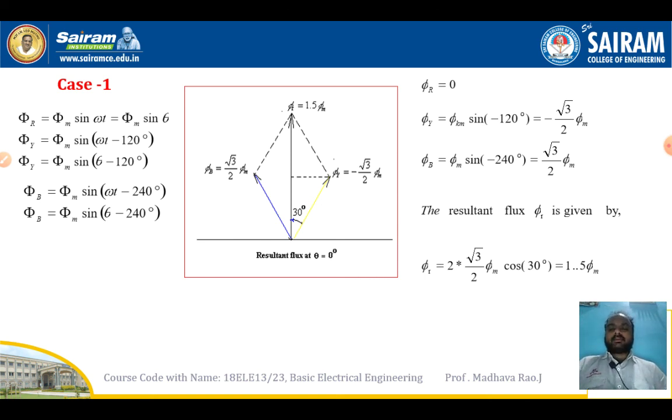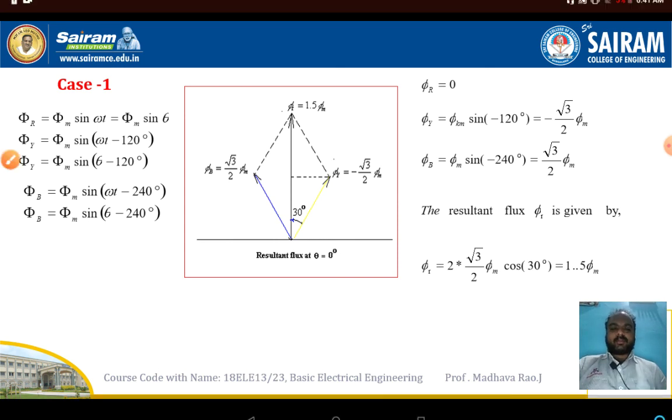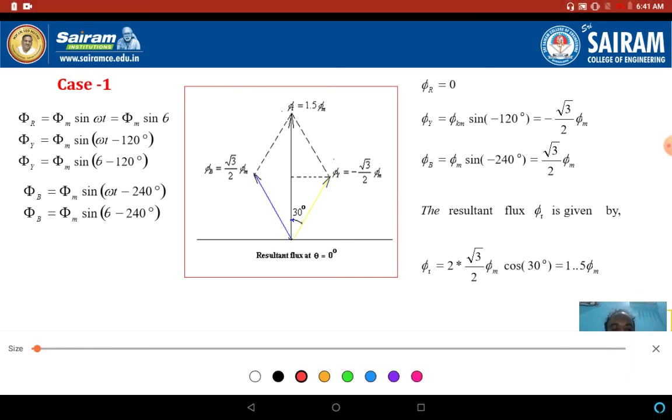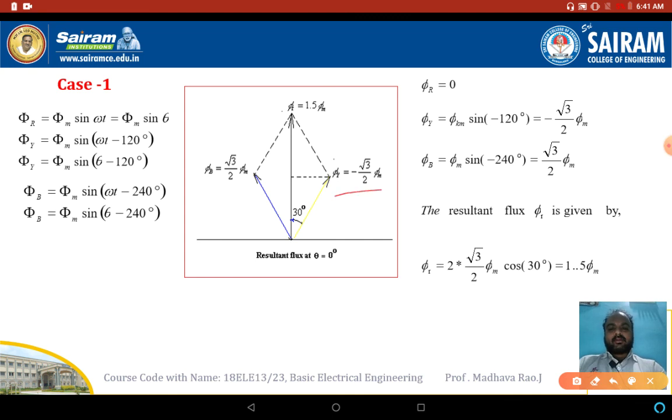In the first case, phi r is equal to 0, and phi y and phi b will be present. So phi b is positive and phi y is negative here.